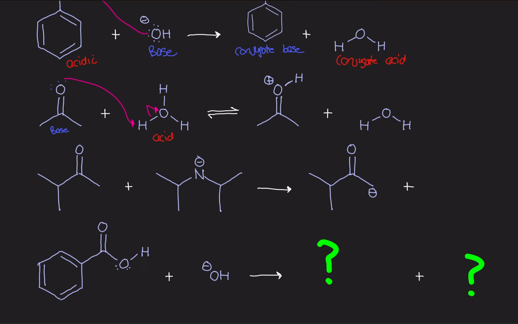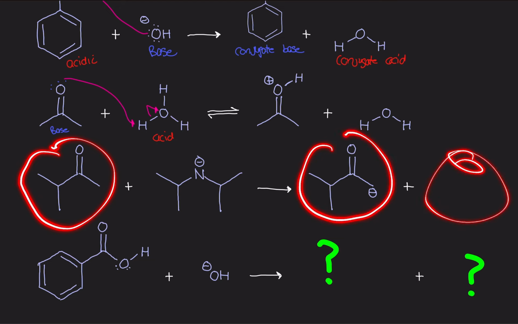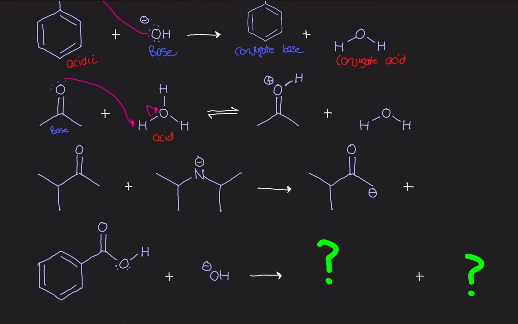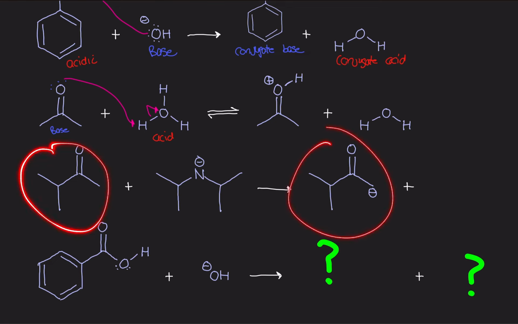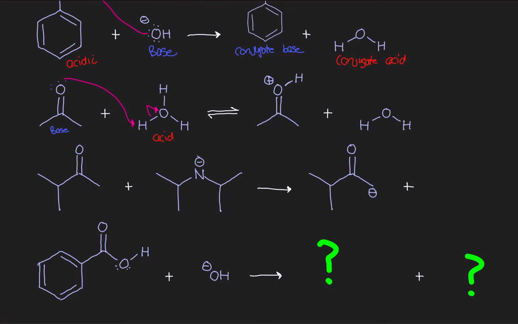Okay, so notice that we have this molecule, and then we're comparing with this molecule. There's nothing to compare with this one, right? There's no nitrogen. So we're comparing this and this. What's happening? Well, all we see is a negative charge here. The negative charge is implying that we lost something.